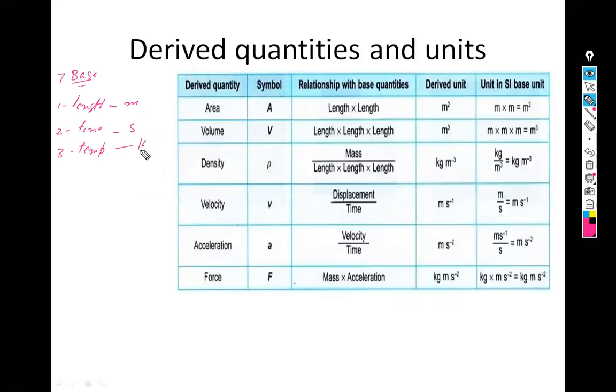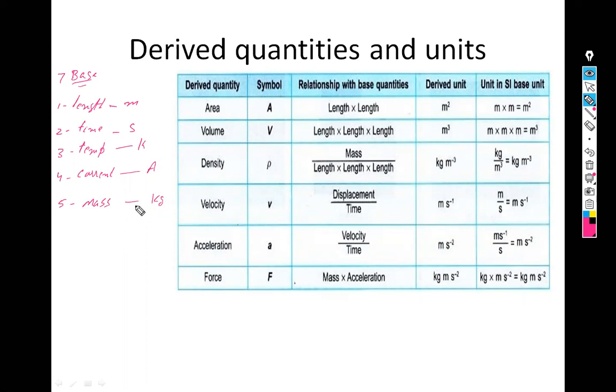It is in Kelvin. Number 4, current. Current is moving in the wires. That's the ampere, A. And what about the next one? Mass. That's the kilogram.